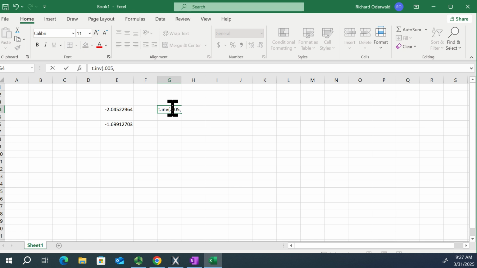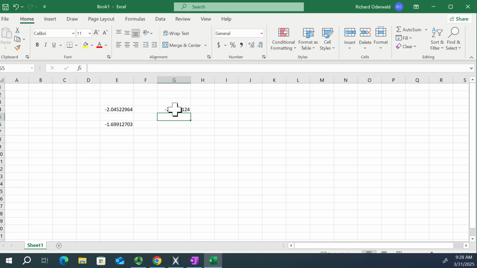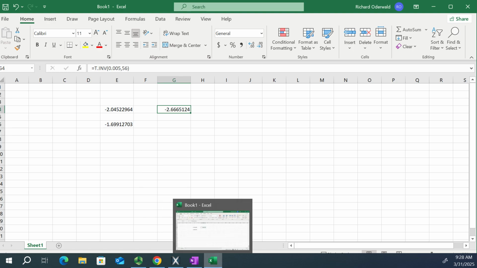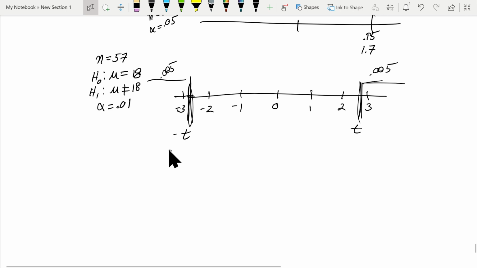Sample size is 57, so 56. Equals t.inv. The cutoff value is minus 2.67. This side is plus 2.67.